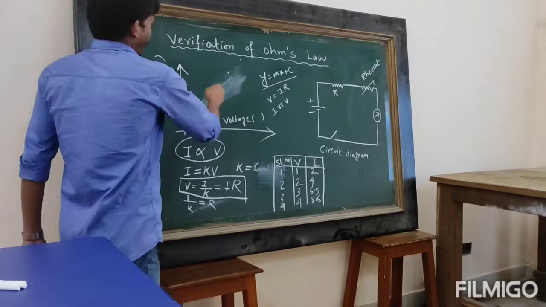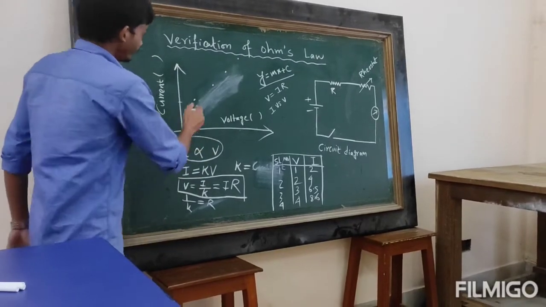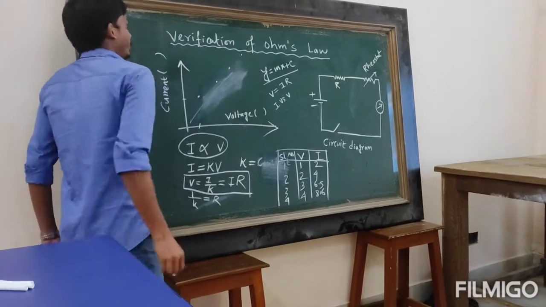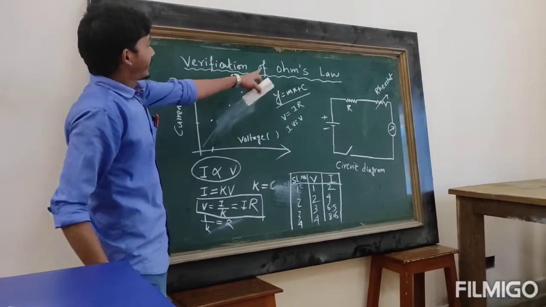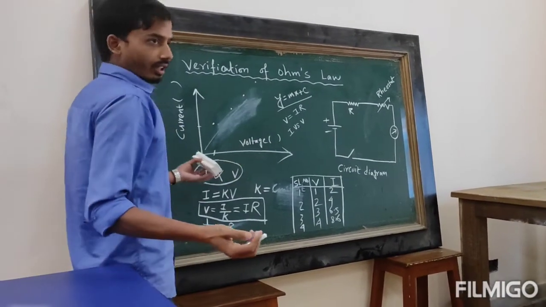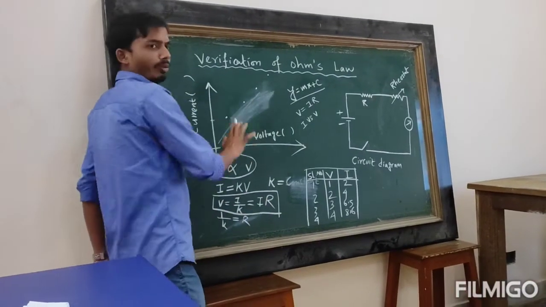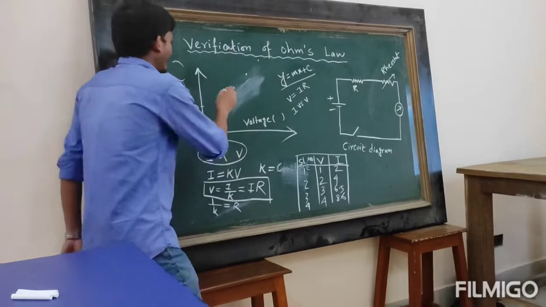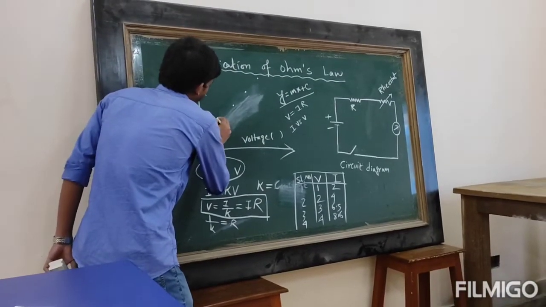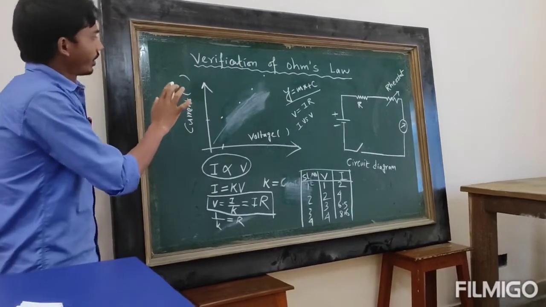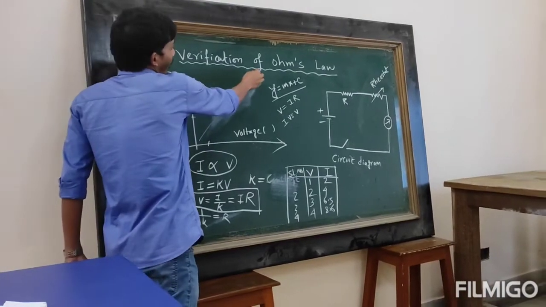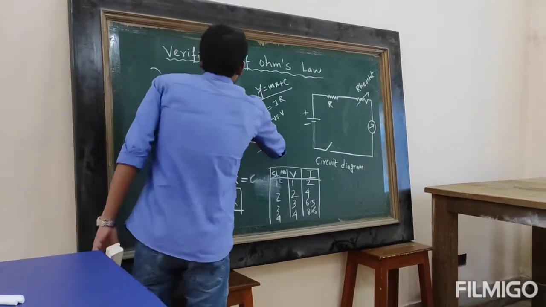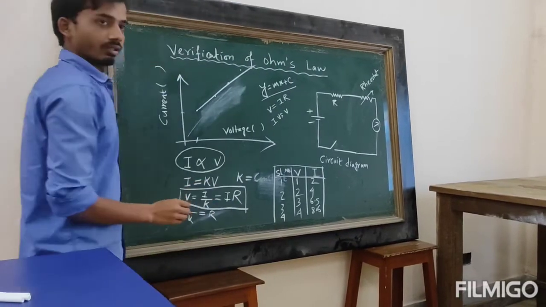After that, you have to draw a line. If all the points are in a straight line, then it is very fine. But in the experimental case, all points will not be in the same straight line. So you will draw a straight line in such a way that all points are close to it.